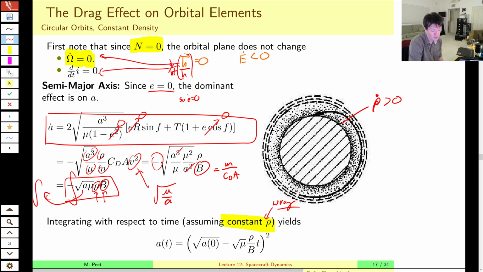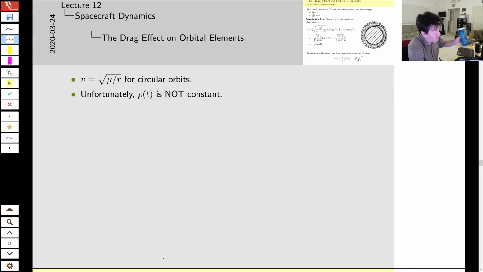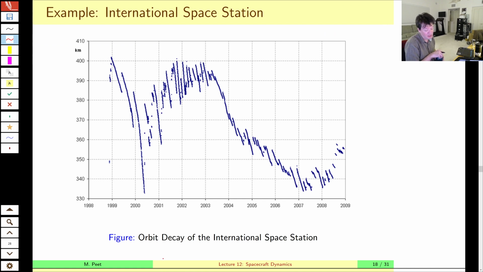But a very simplistic expression for the semi-major axis as a function of time can be given here, assuming a constant density. Unfortunately, of course, the density is not constant, and we can sort of see that here.